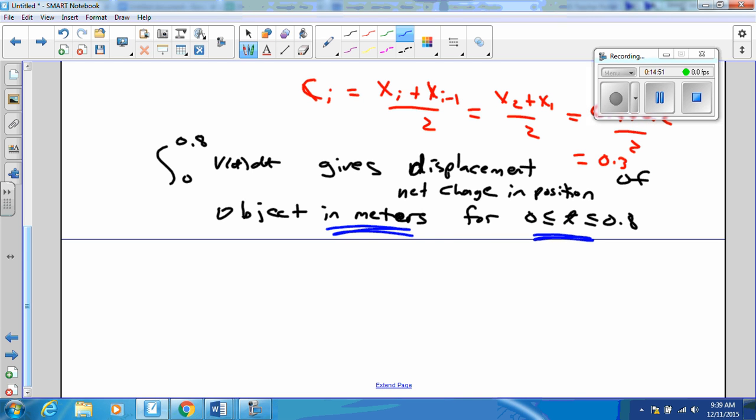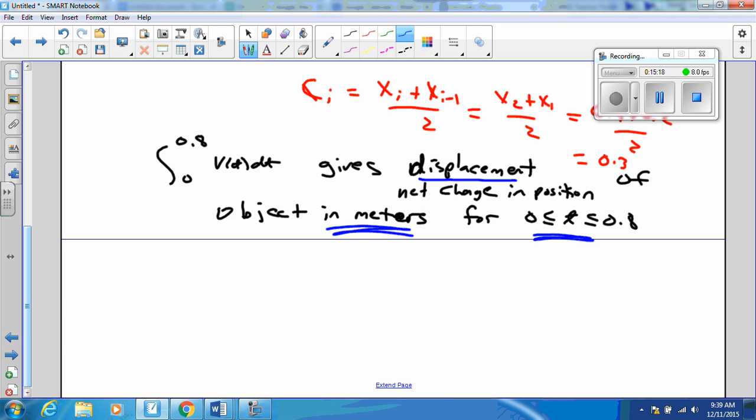Then the third thing is we need to give a basic meaning here. Displacement is the preferred technical term, but you can always interpret the integral as the net change in whatever, the net change in the antiderivative. That's the easiest way to think about it.